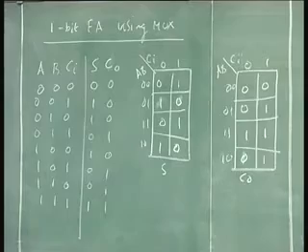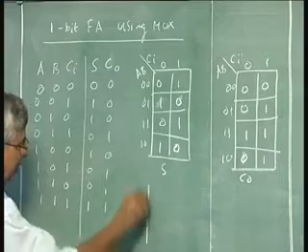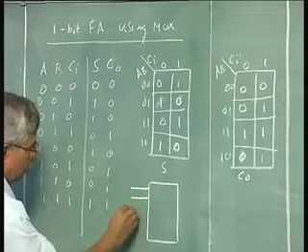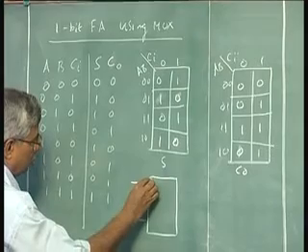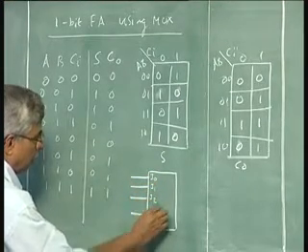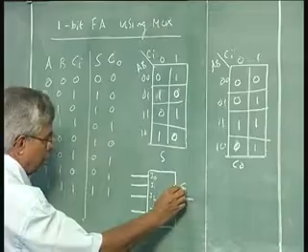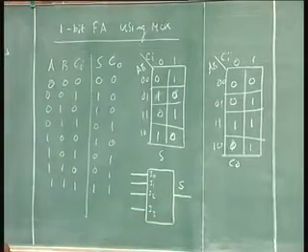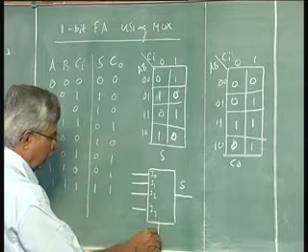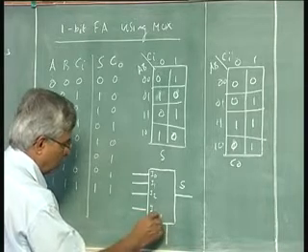So I am going to use a 4-to-1 multiplexer with inputs I0, I1, I2, I3, and I am going to get a sum out of this multiplexer. And for the two selectors, I am going to use my two bits A and B.